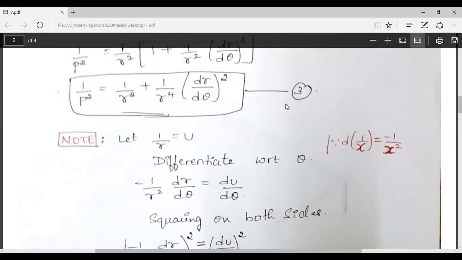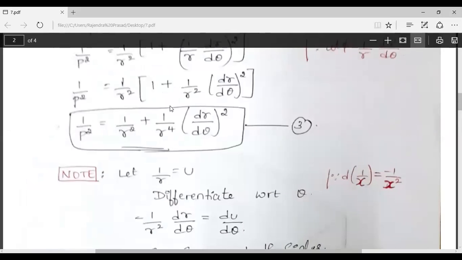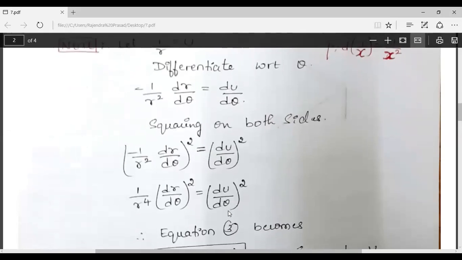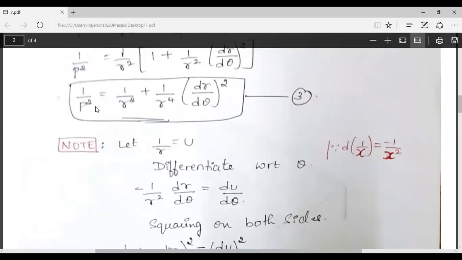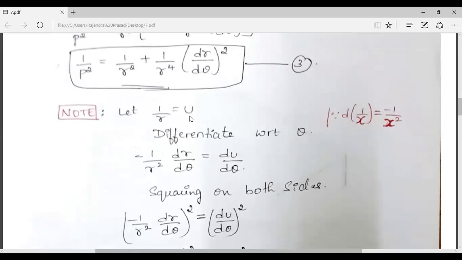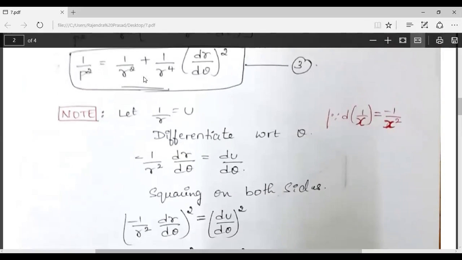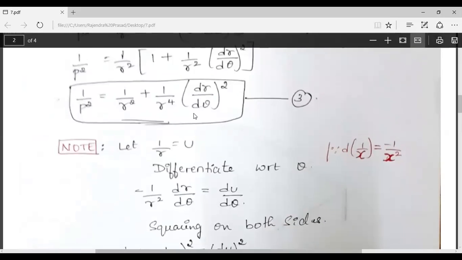Observe carefully in equation number 3. We have 1 by r to the power of 4 dr by d theta whole square.